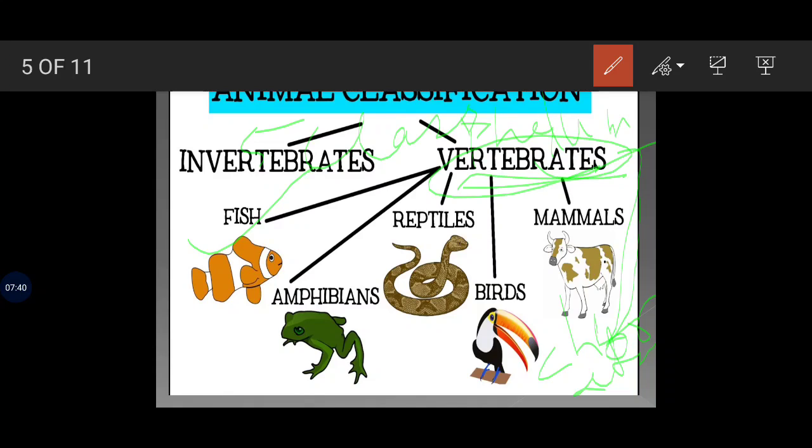The first one that we are going to study is the fish, then the amphibians, then reptiles, then birds, and then mammals. Why this order is maintained, we'll discuss later on.